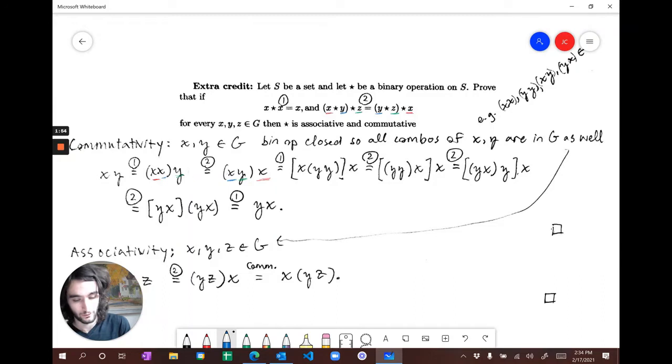So they used property 2 again like this, right? So that's x times, so that's red times blue in parentheses, and then times green. So this time the blue element is yy. And you can replace that with blue times green in parentheses times x, right?